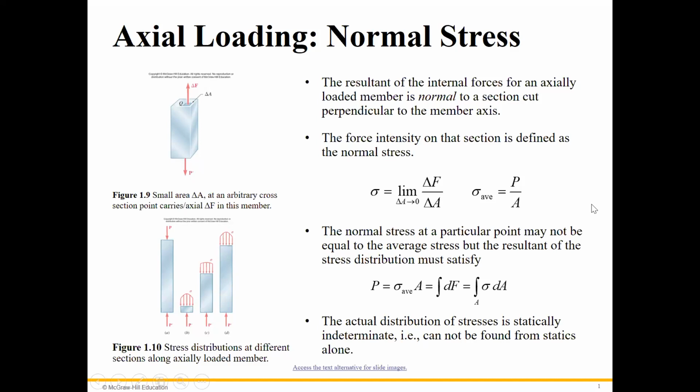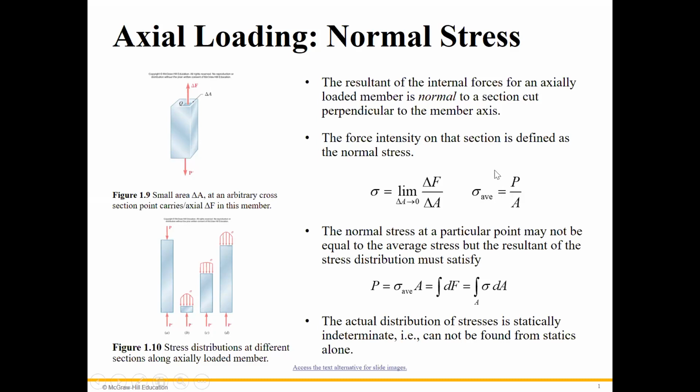But from now, until the end of the semester, we don't need to write the index of average or sigma average. We can just say sigma, or stress. In reality, the stress at any point could be different, but it's very difficult to find the value of the stress at every point. Therefore, we just take the average of that: we define the force divided by the area.